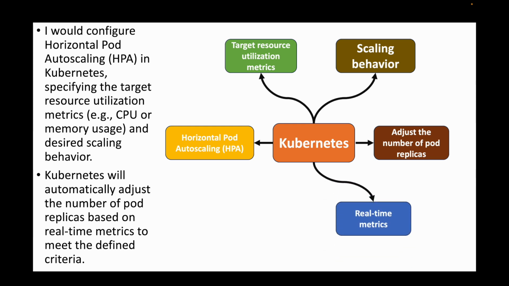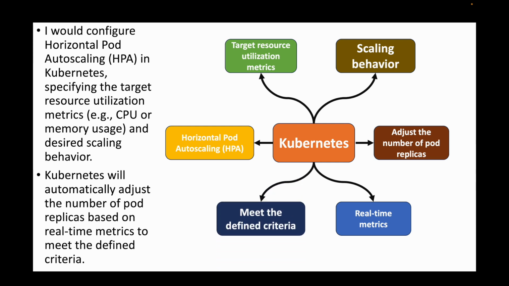So if my CPU utilization is at 80%, increase the number of pods. Based on the real-time utilization, Kubernetes will increase the number of replicas to meet the defined criteria. When it reaches 80%, how many pods do you want? You can define that criteria, and then your HPA will accordingly meet that criteria for us.